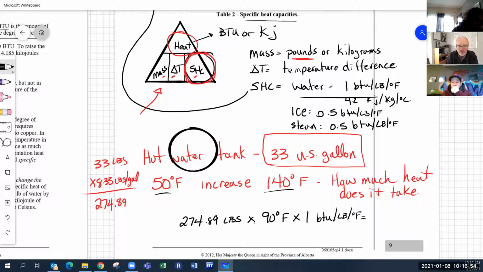And as I multiply these through, the pounds get knocked off, the Fahrenheit get canceled out as well, and I'm left with BTUs. And it takes 24,740 BTUs to increase the temperature of water from 50 to 140 degrees.